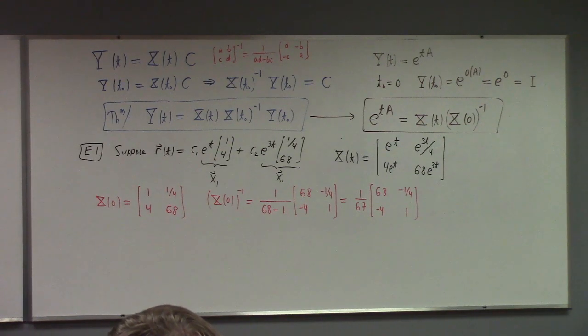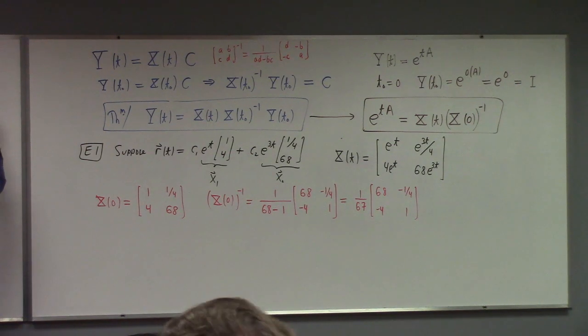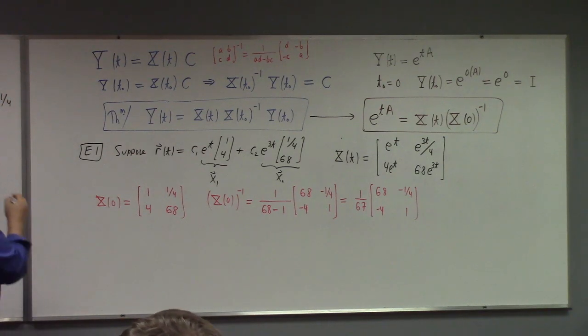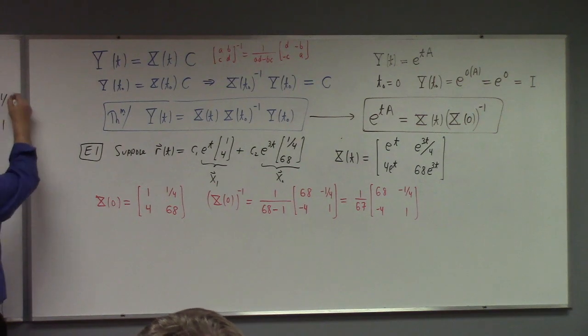My x was e to the t, 4 e to the t, and then e to the 3t over 4 and 68 e to the 3t, right? That times, I pulled the fraction from x inverse out front, 68, minus 1/4, minus 4, 1.